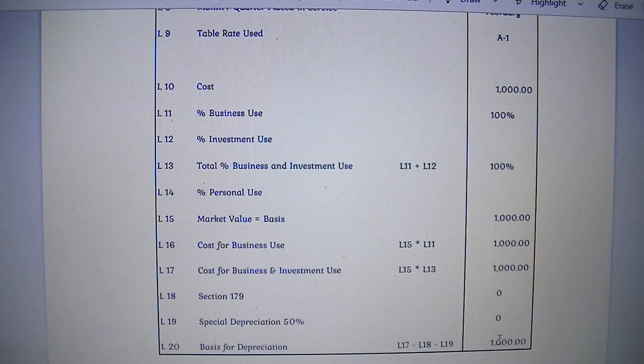The remaining is what is left to be depreciated using MACRS, modified accelerated cost recovery system, or to put it simply, using regular depreciation. So that's how you calculate the basis for depreciation.